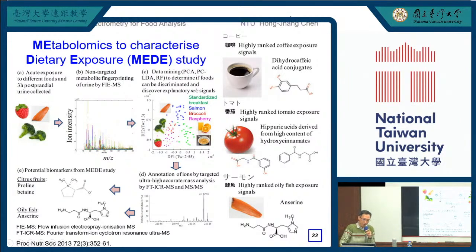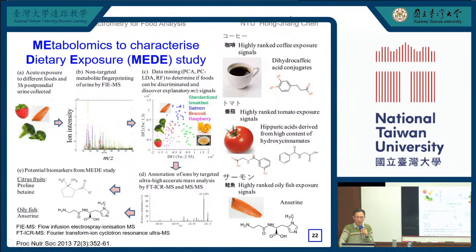So after this experiment, they found that if you ate more coffee, you will detect the dihydrocaffeic acid conjugate in your blood. It's very easy to know that. If you ate tomato, you will find not carotenoid, okay? They will find hydroxycinnamic acid here.